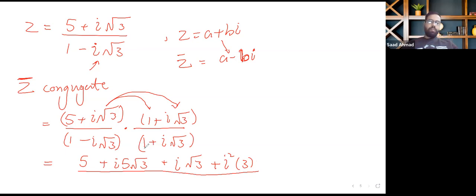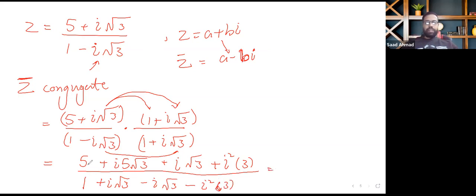Now the lower ones: 1 times 1 is 1, then 1 times i square root 3, then minus i square root 3 times 1 is minus i square root 3, and minus i squared times square root 3 times square root 3, which is 3.